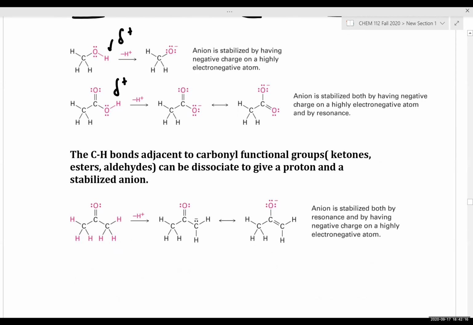Now, the carbon-hydrogen bonds adjacent to carbonyl functional groups can be dissociated to give a proton and a stabilized anion. Does everyone see how, after the loss of this proton, our anion is stabilized via resonance? This type of anion is also known as an enolate.